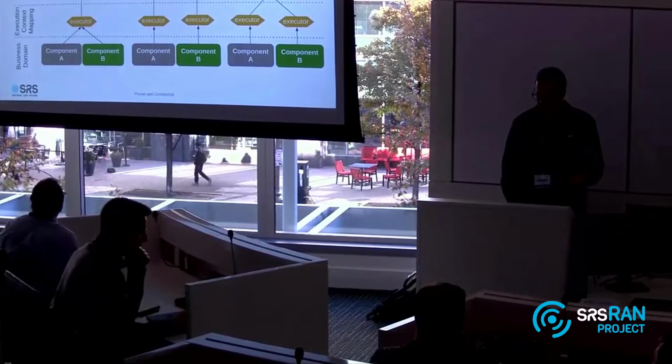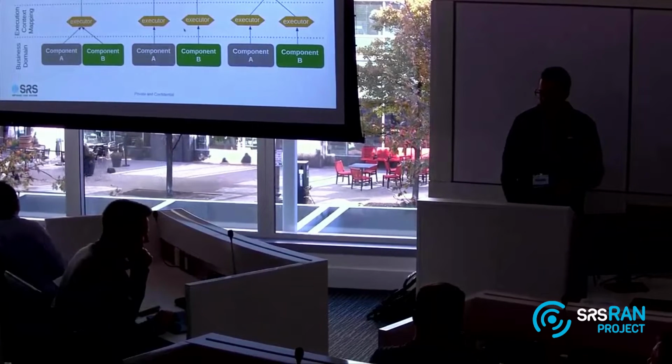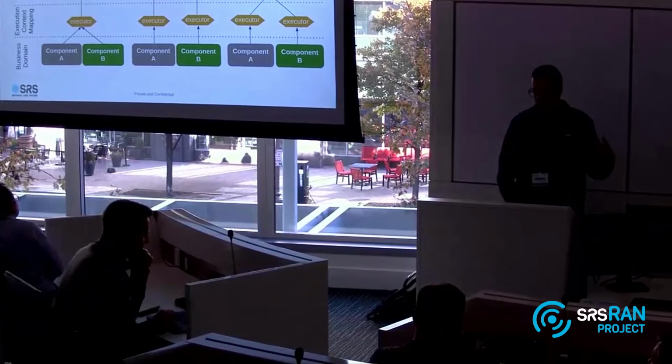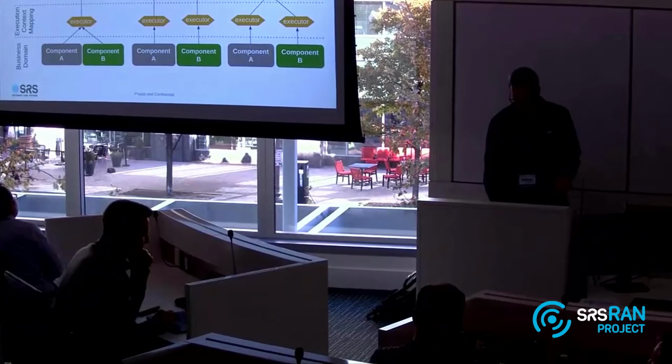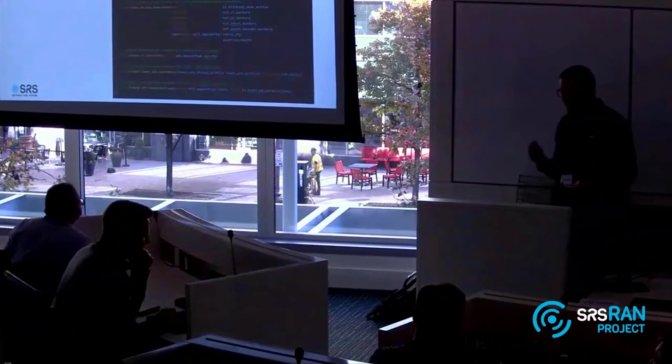We can have another model in which we have two components that push tasks to different executors that can be implemented using two threads or one single thread. So all these different execution models are created at runtime.